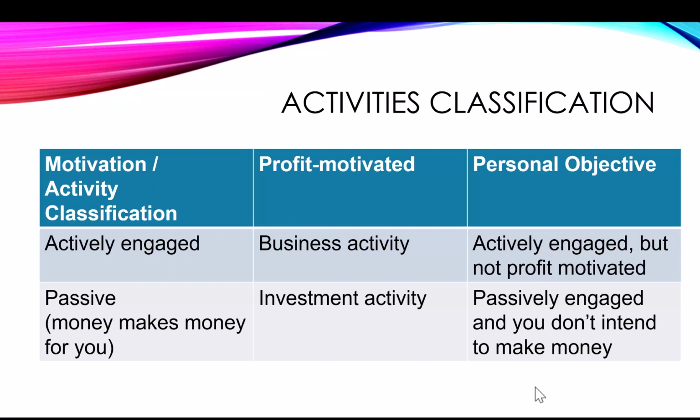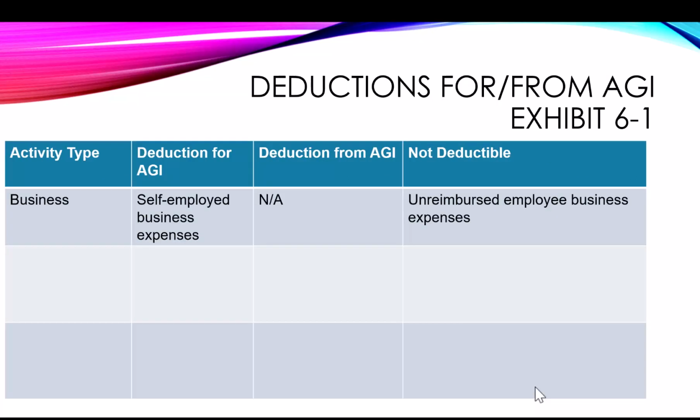Now that we understand the various activities, let's look at the types of deductions that are available. If you engage in a business activity, again, meaning that you're actively engaged and you have a profit motive, then you will get a deduction for AGI for self-employed business expenses. Since you already are getting the benefit of a for AGI deduction, your business activities are not eligible for a from AGI deduction.